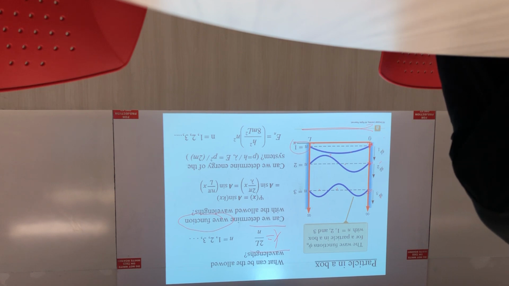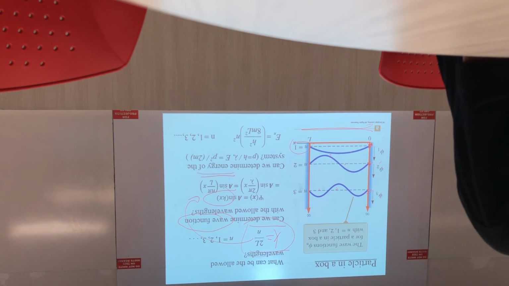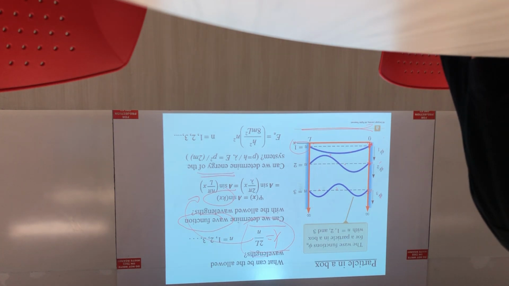Therefore, it makes sense to choose sine as the wave function. We just substitute this into this equation, and now we come up with a very nice wave function that describes this particle in a box.